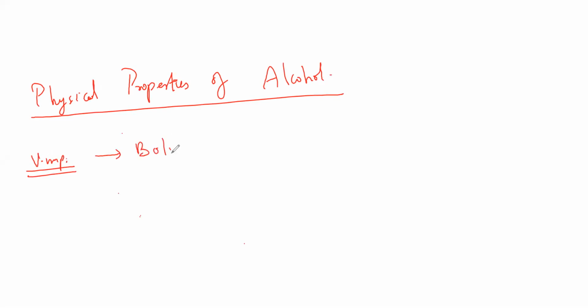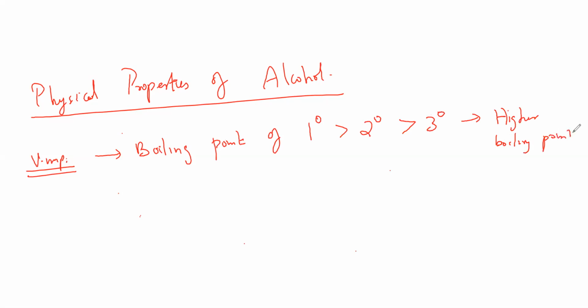Boiling point of primary alcohol is greater than secondary alcohol, which is greater than tertiary alcohol. Why? Because alcohols have a higher boiling point because of intermolecular hydrogen bonding.